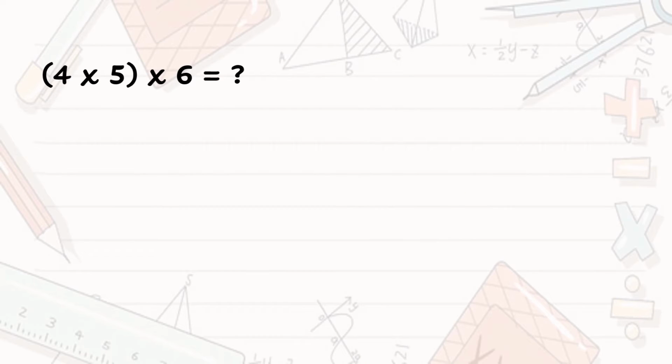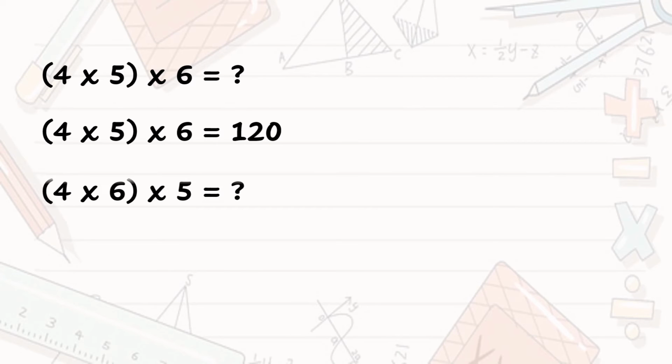Let's take a look at this one. 4 times 5 times 6 is equal to what number? First, multiply 4 by 5. The answer is correct. 20. 20 times 6 is 120.